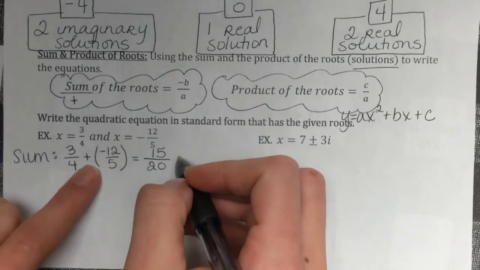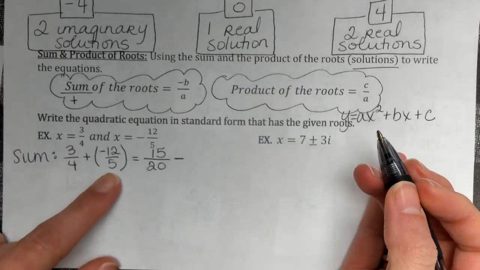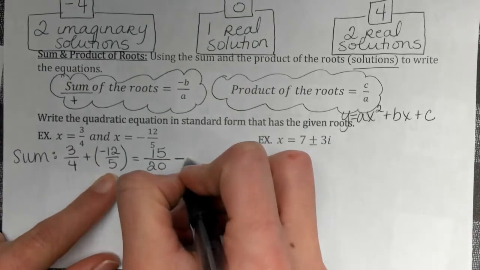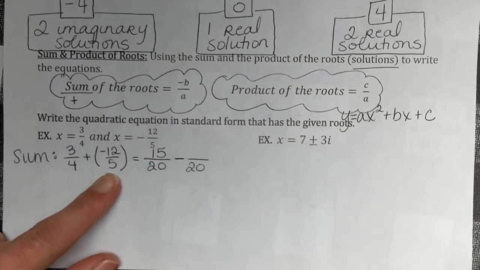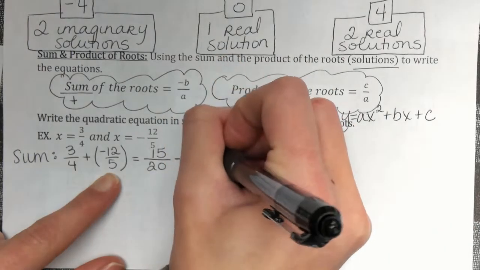Now, we know a plus negative is really going to be a minus. All right, and I'm multiplying 12/5 by 4 to get that common denominator of a 20. So negative 12/5 turns into 48 over 20.